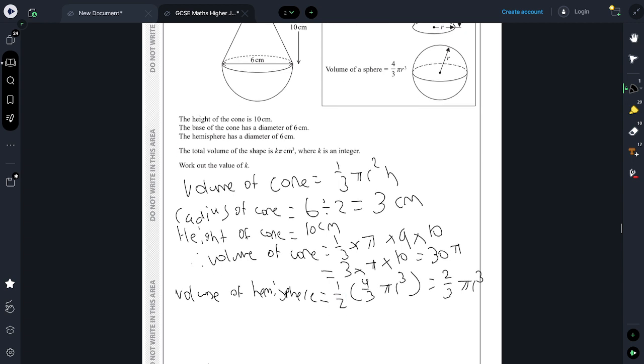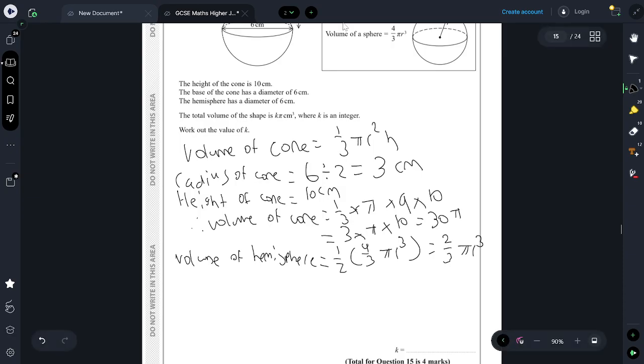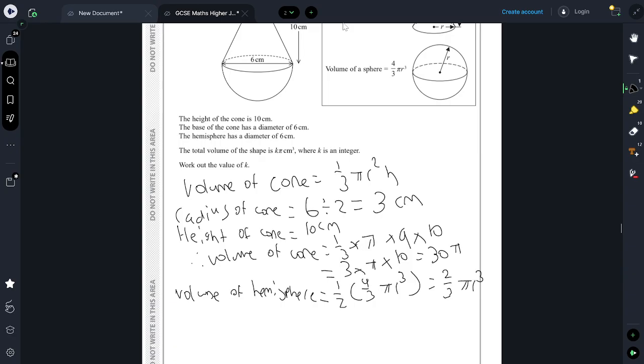There we go. So a hemisphere is half of a sphere. And you can kind of see that a bit up here. See how we cut off half a sphere? And that's where that comes from. So now we just need to work out the radius of the hemisphere.